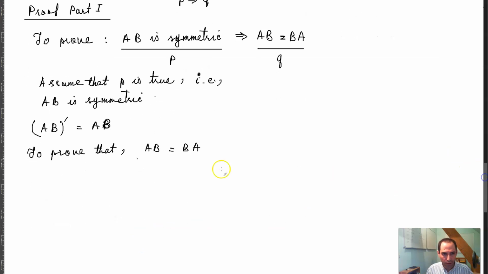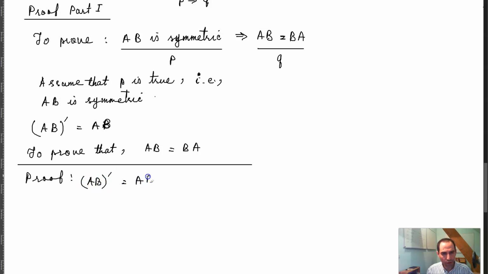Now the proof would be as follows. You can write your assumption here. The assumption that you have is AB whole prime is equal to AB, and of course AB whole prime is equal to B prime times A prime. We have already proved this. That is equal to AB. Now we know that A and B are both symmetric matrices.